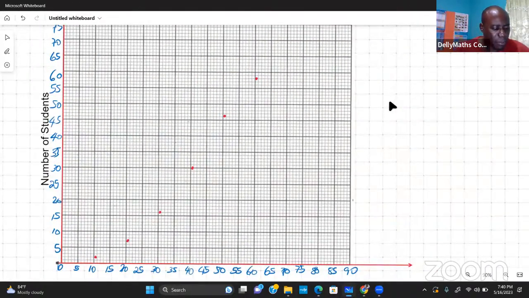Next, 70.5 with 66. 80.5 with 70. There it is, and you could see the shape already.